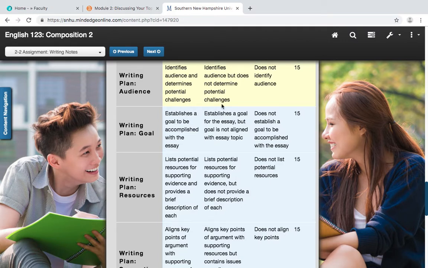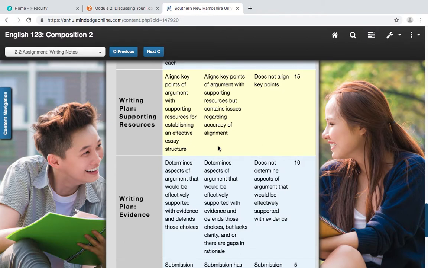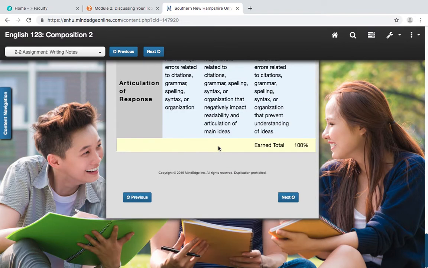If you identify the audience, don't really talk about potential challenges whatsoever, well, that's where you're going to land. And then if you don't even bother to identify audience, well, you're going to land in that third column. So they really do try to make the rubrics really student-friendly as far as readability goes. So please do read through those so that way you set yourself up for success.